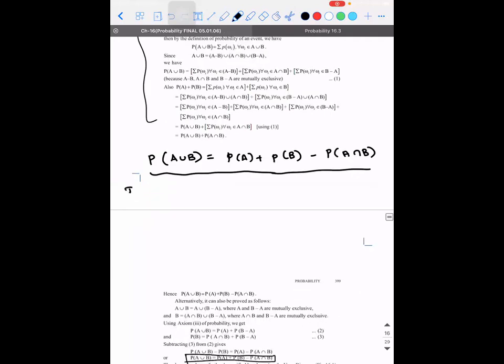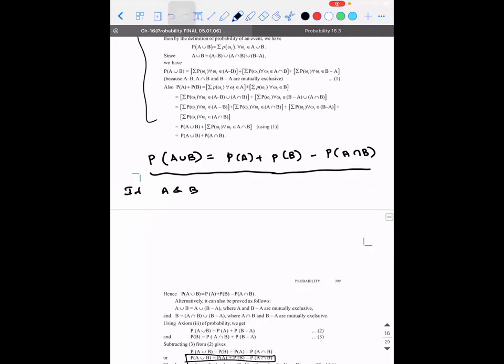Okay. So just to recollect, when we say probability of A union B, how is it understood? A union B means A or B. So probability of A or B is nothing but probability of A plus probability of B minus probability of A intersection B. So there is a formula.